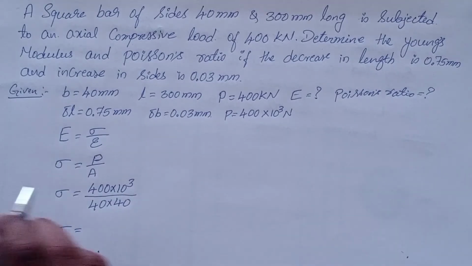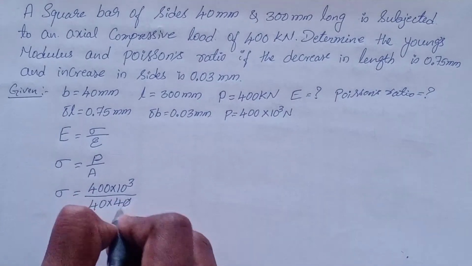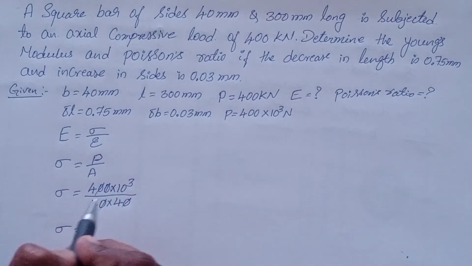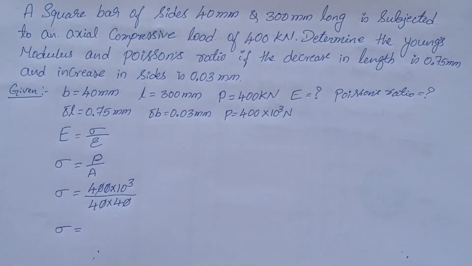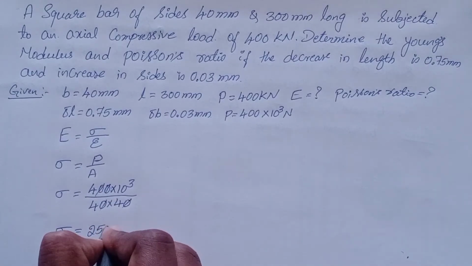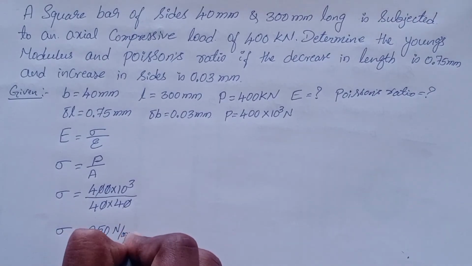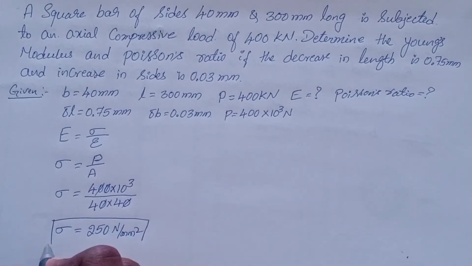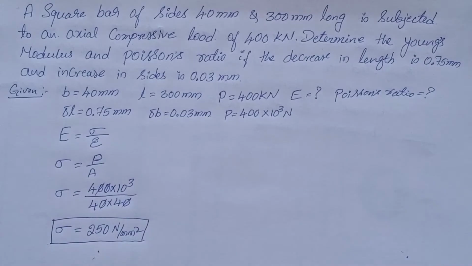Sigma is equal to, now we solve: 0, 0 cancelled. Remaining term 4 into 10 to the power of 3 divided by 4. So we will get 250 Newton per mm square. The value of sigma is 250 Newton per mm square. So here we found the value of sigma.